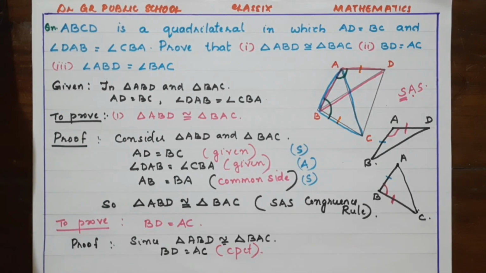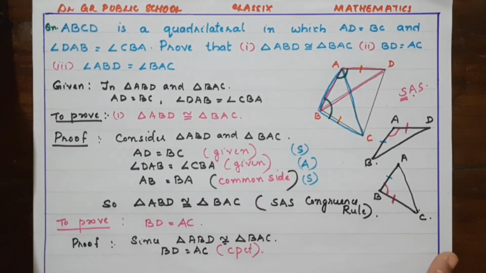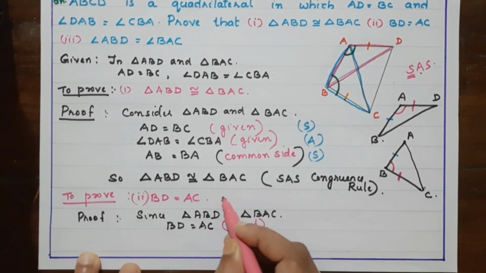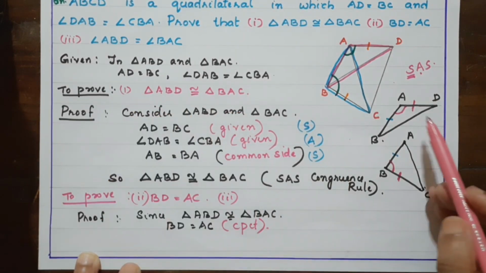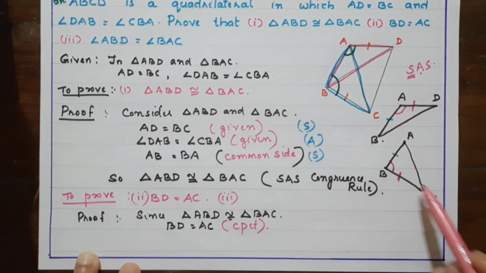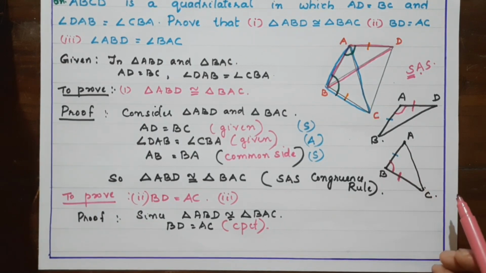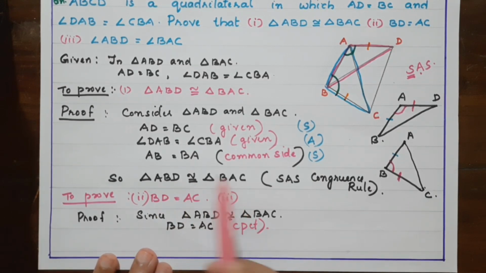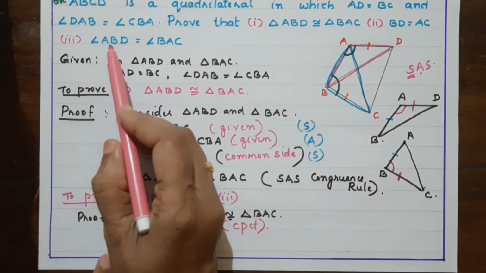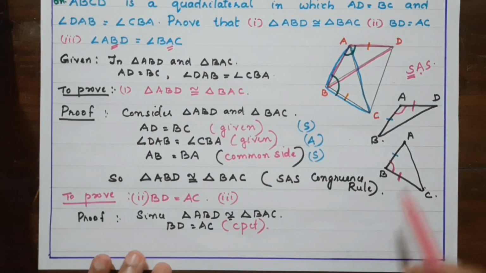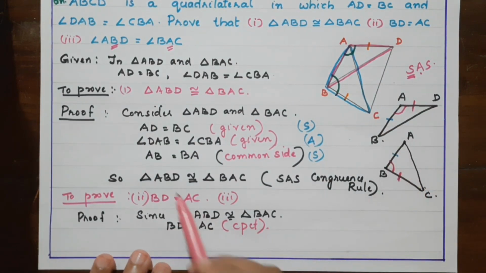Okay. Now the third one. The second one was BD equal to AC, and the third one is angle ABD equal to angle BAC. Okay. So we proved ABD congruent to BAC. So we can say angle ABD, the middle angle is the actual angle B, and here A. Can we say angle B is equal to angle A?